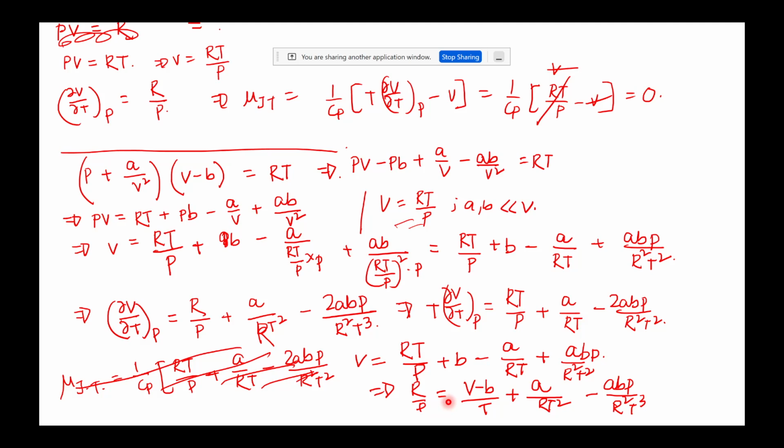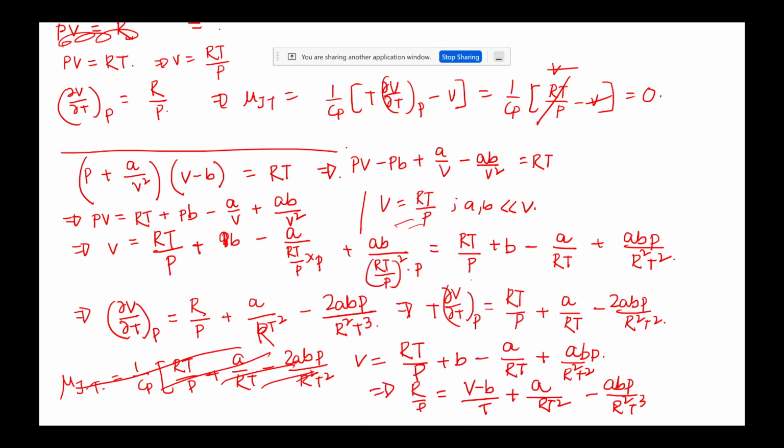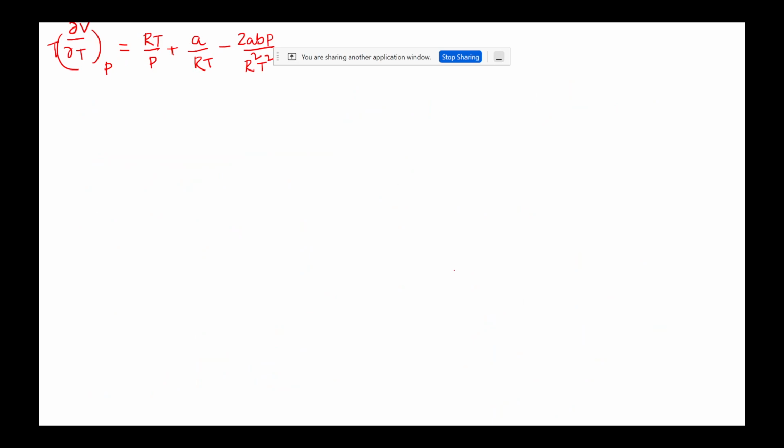So one by one, if you write it, then we can get RT by P is equal to V minus B plus A by RT minus ABP by R square T square.